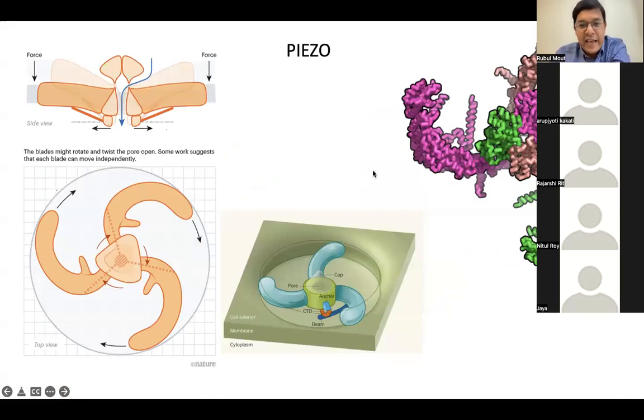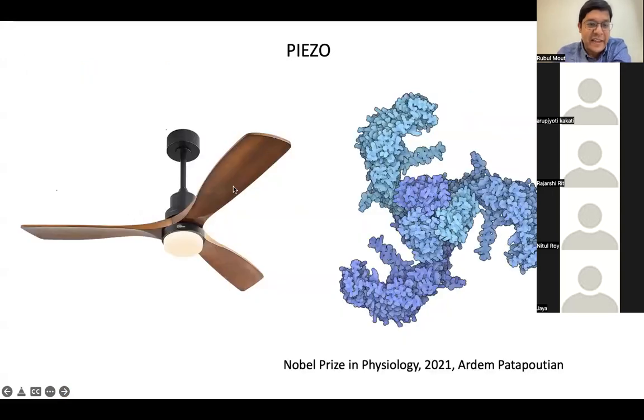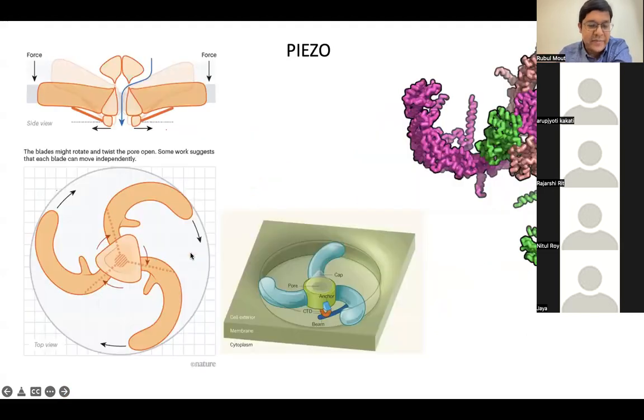This protein has blades, and the blades rotate when there is pressure around, just like the blades here, and it creates lots of pressure, right? The same thing happens when there is pressure.